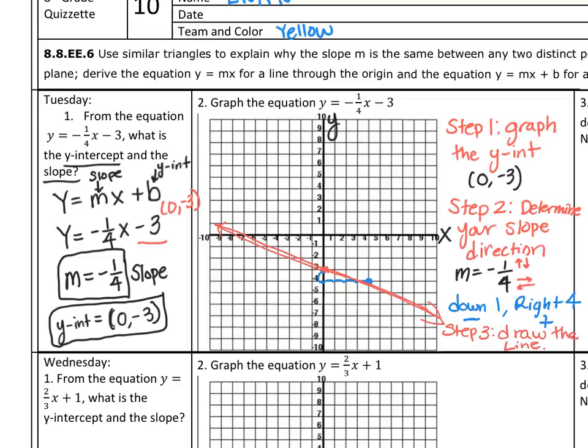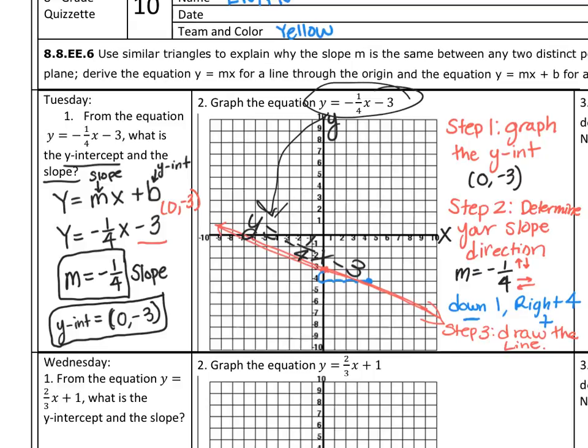And then a true mathematician always writes the equation of the line on top of the line. So here we go. I'm going to write y equals negative 1/4 x minus 3. It's really hard to see, so it's okay if you can't see it on your paper either.